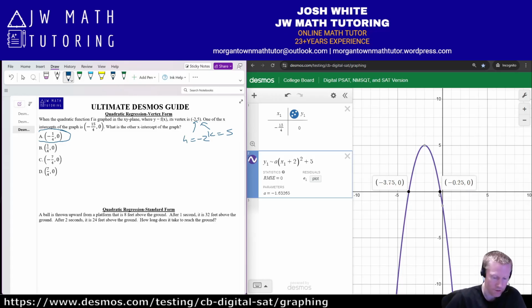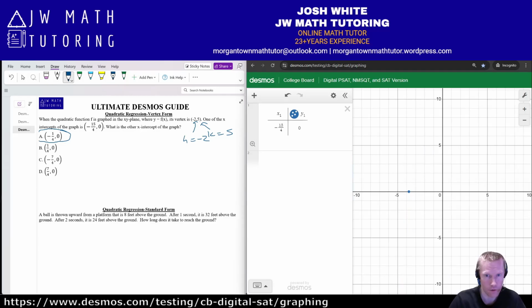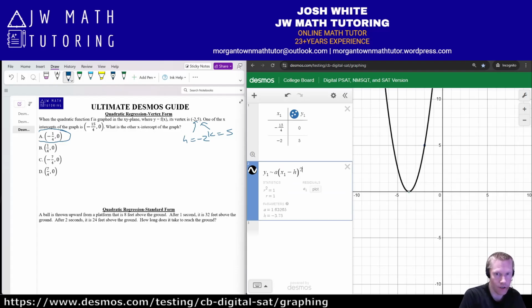Now, one thing just to show you, here's what happens if you do not enter the vertex in the regression statement. Let's say we enter it in the table instead, and now I just enter generic H and K down here.